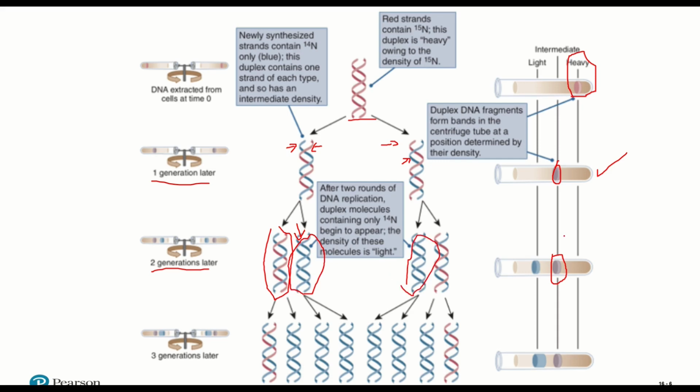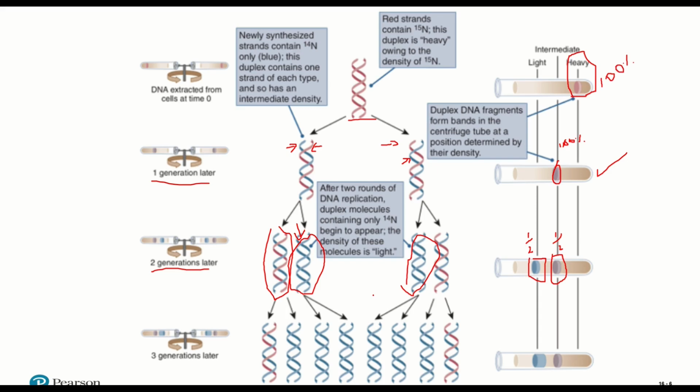Half of them, 50%, will be light, and 50% will be intermediate. In the beginning you had 100% intermediate, and this one is also 100%.